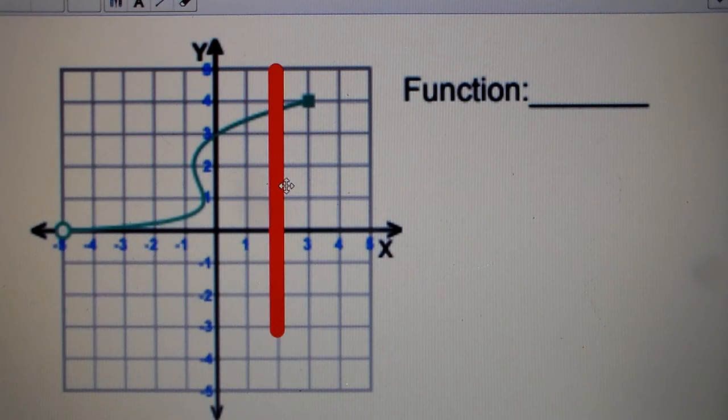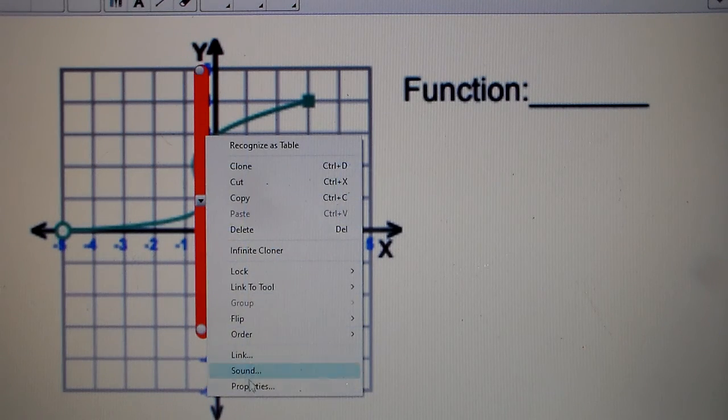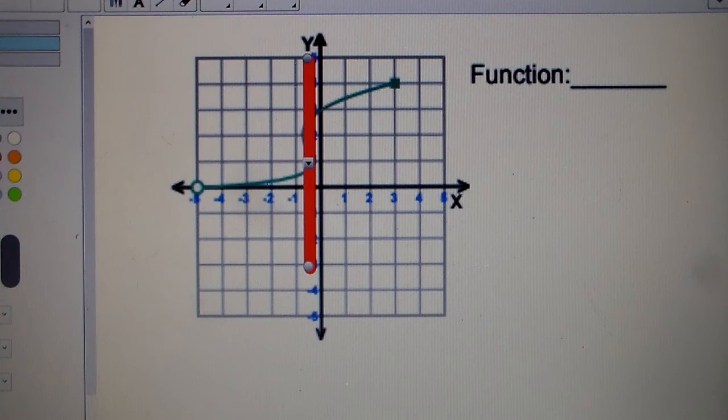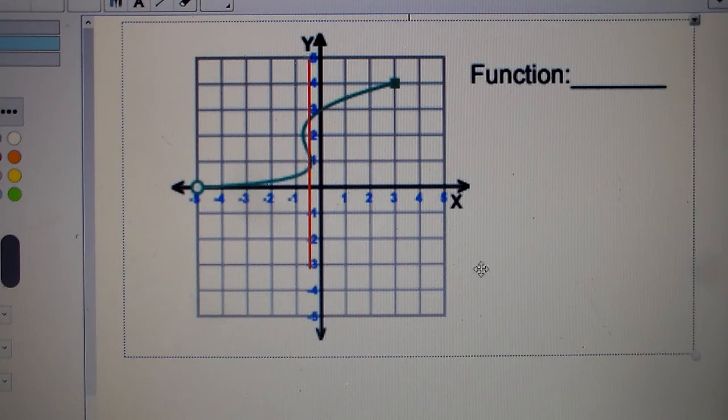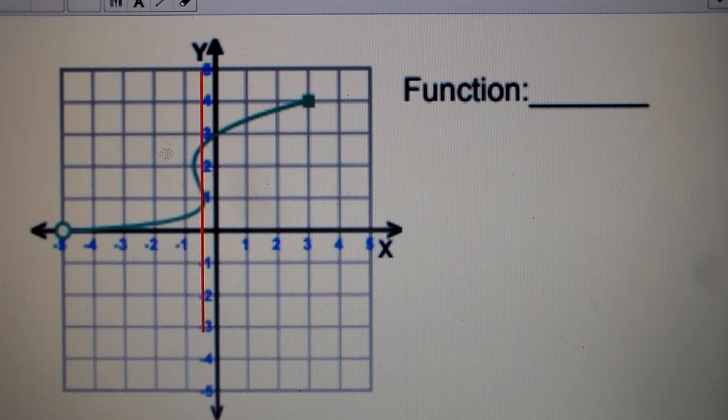If I move it on the other side, it only hits once. However, if I make that line even a little skinnier, it might be easier to see. So I got my vertical line. You can see it hits the function in multiple spots. So this one is no, not a function.